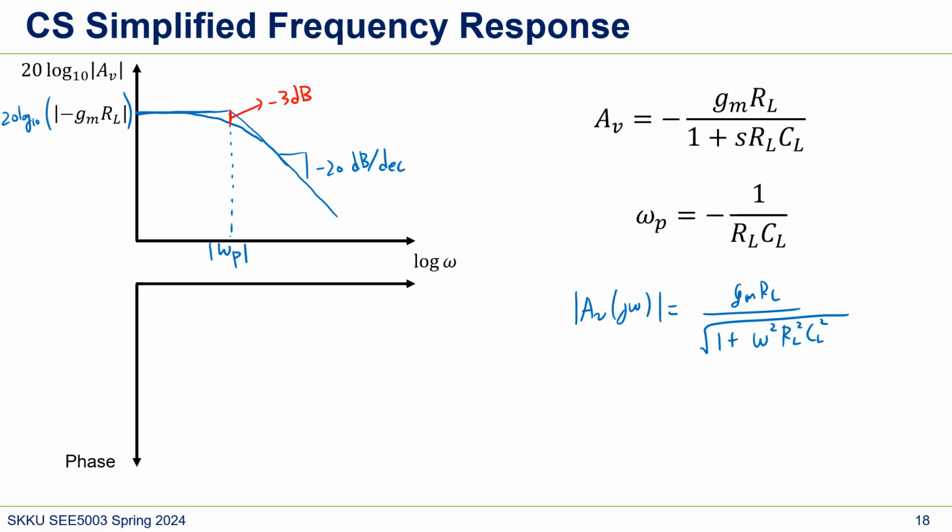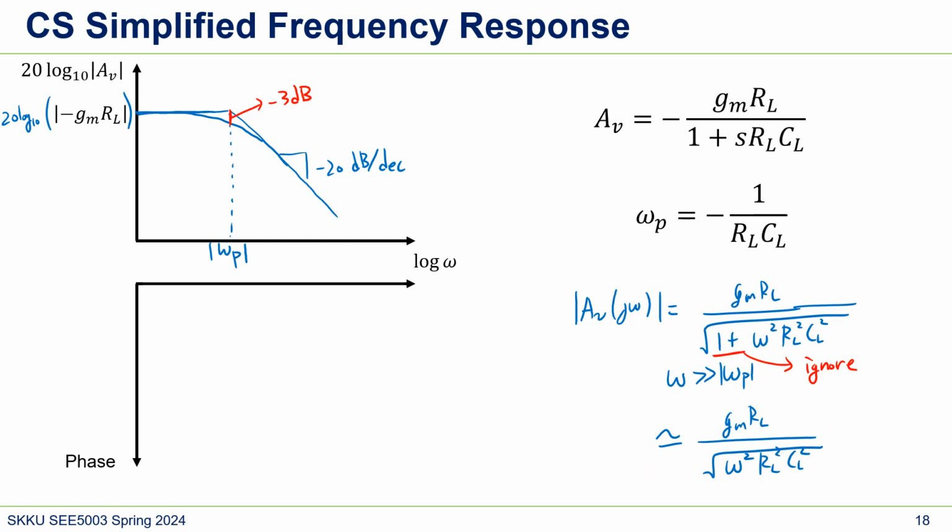If we assume that our frequency is larger than WP, and let's forget about the polarity, then the gain looks like GM RL over omega times something, because we can ignore the 1.